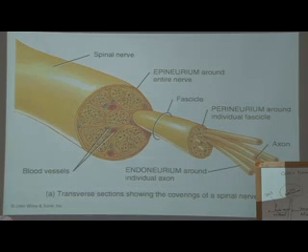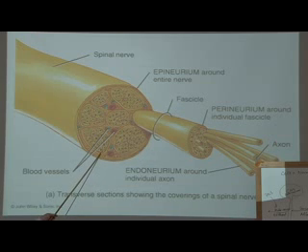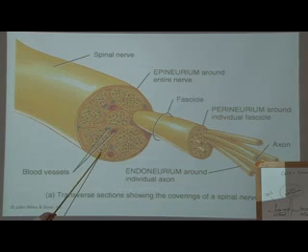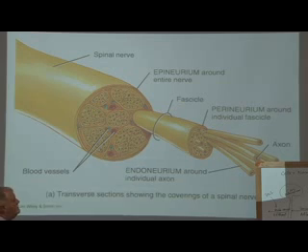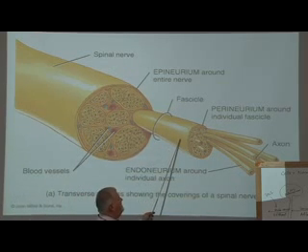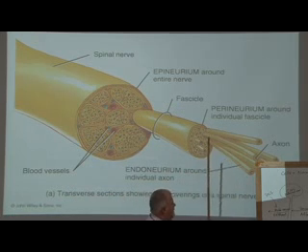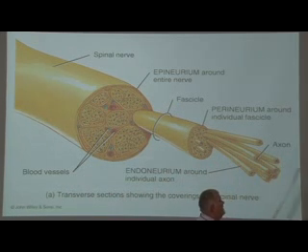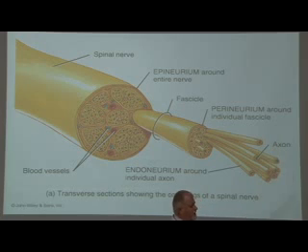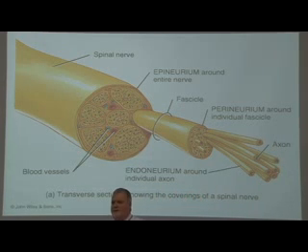That allows nerves to branch as you go away from the central nervous system. Nerves are designed so that these fascicles can arise as branches. The connective tissue surrounding a fascicle, while it's still internal to a nerve, is the perineurium. If I take a fascicle out and look at a nerve fiber, for our purposes right now, I want you to remove this word axon and just replace it with nerve fiber.